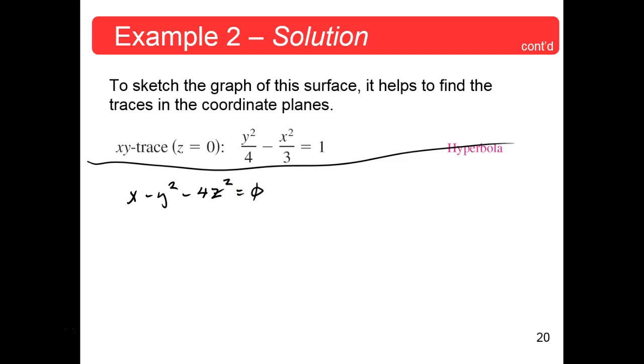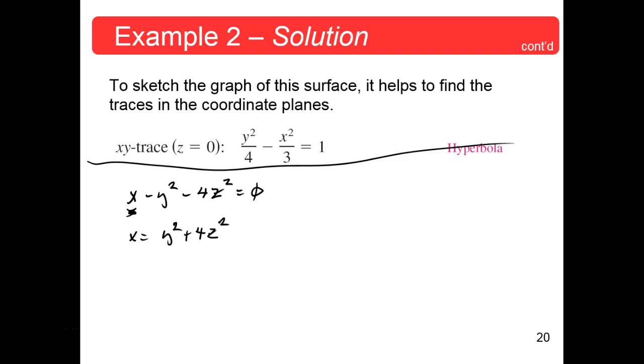What would you do first? One variable is different, isn't it? First power. Let's isolate it. x is equal to y squared plus 4z squared, right?